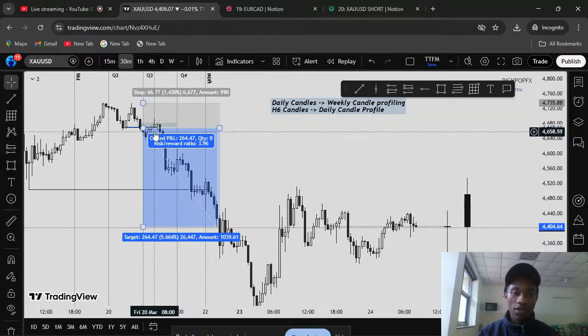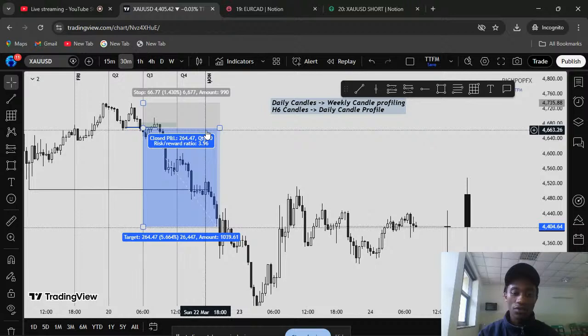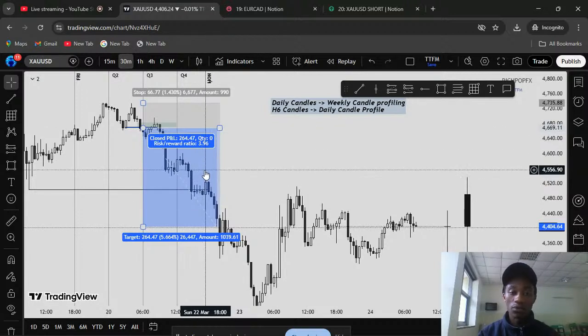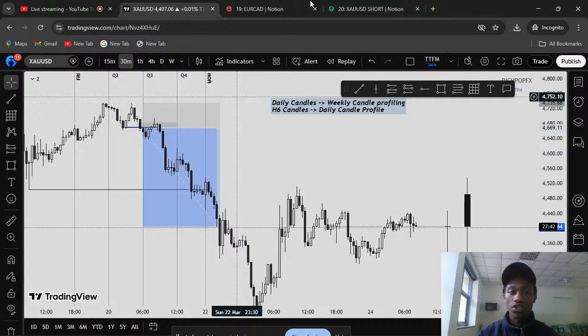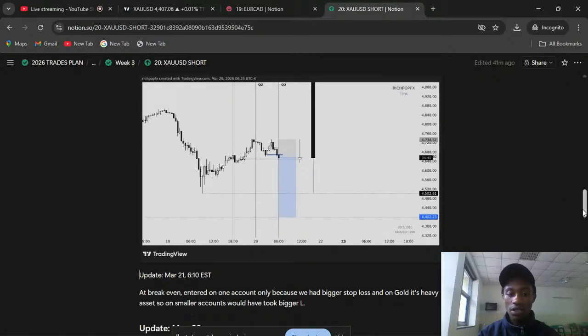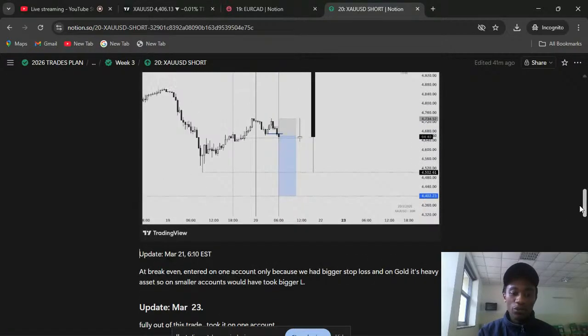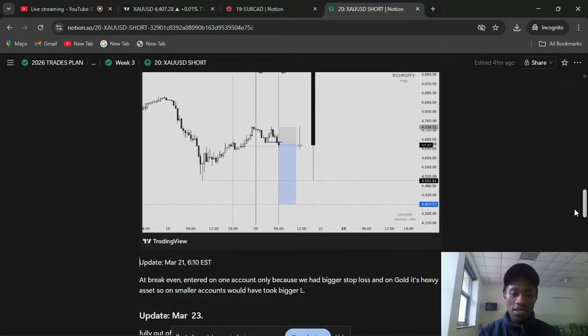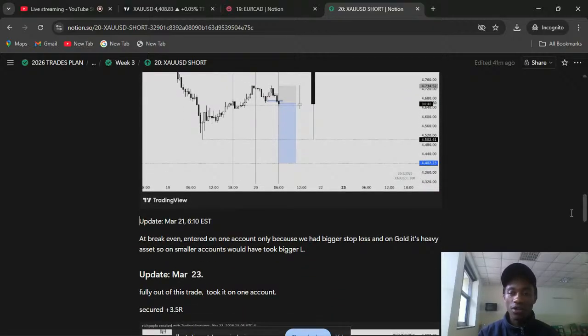So I entered here, right? Then this was Friday closing, the weekly candle closed here, and I was still holding. I just set break even. I'm saying that I'm not doing things. I'm not always engaging with the market, so I want to find a good entry, and then I walk away.